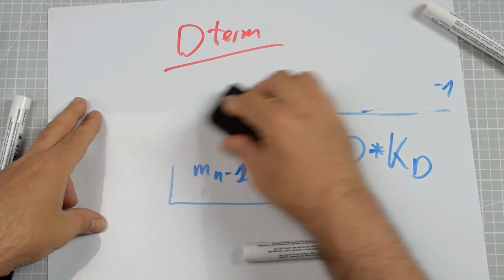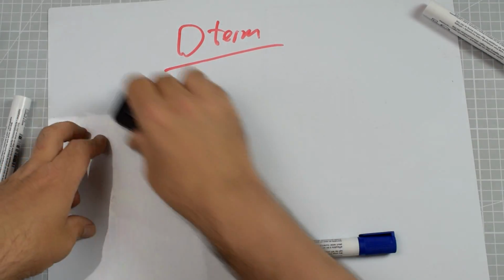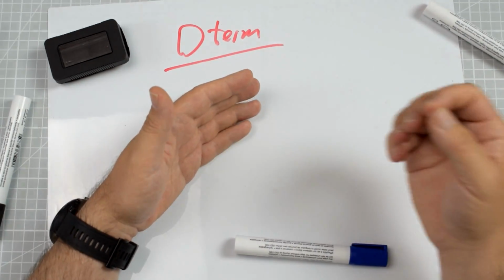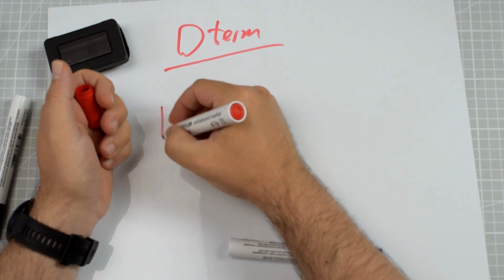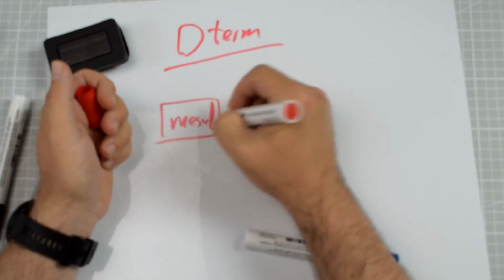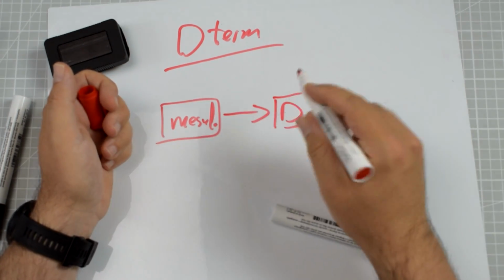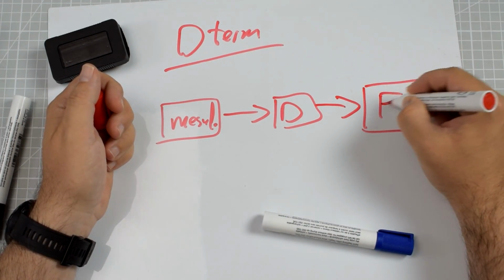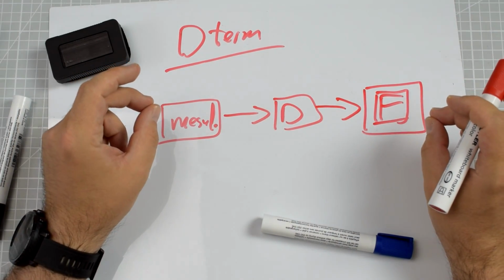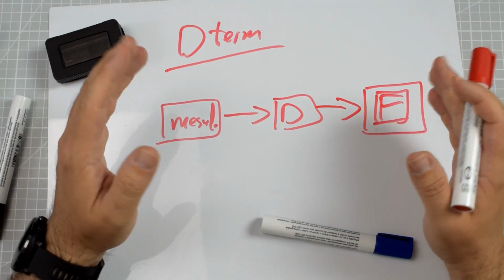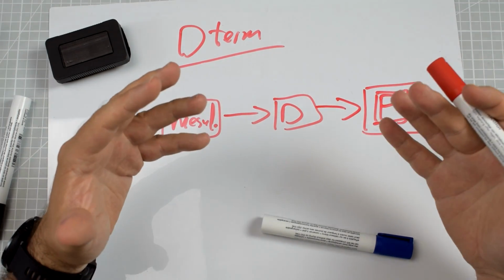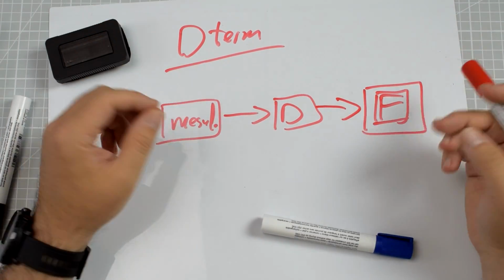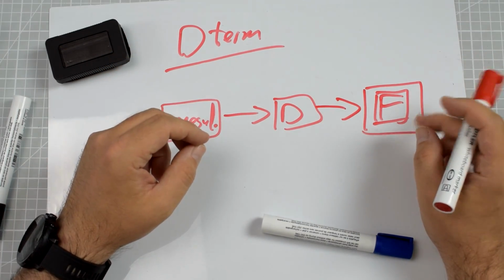This is why, when we have D gains that are high enough to have an impact on flight, we not only have to filter the measurement and then compute the derivative, let's call it D, but then before we are able to introduce the derivative to the output, we have to filter it again with slightly different cutoff frequencies, usually slightly higher, and usually also more aggressive filtering, to eliminate the spikes and high values that might appear and usually do appear in the D term, the output of the PID controller that is fed to the motors.